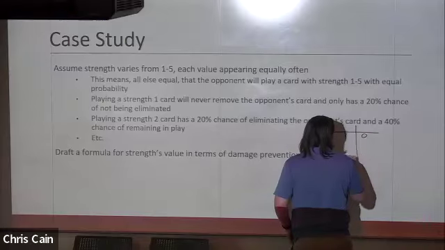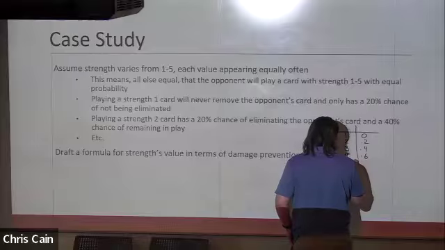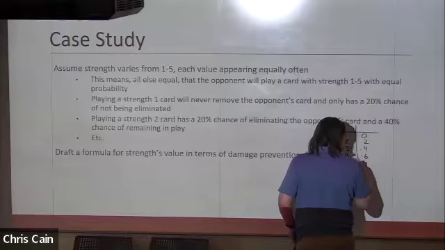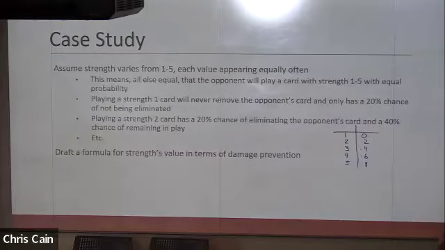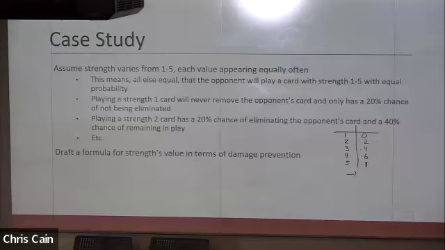There's a 0 chance we play a strength 2 card. There's a 20% chance we play a strength 3 card. There's a 40% chance a strength 4 card. There's a 60% chance there's a strength 5 card. There's an 80% chance. So we need a part of a formula that converts left side to right side. Input, output. What is that?